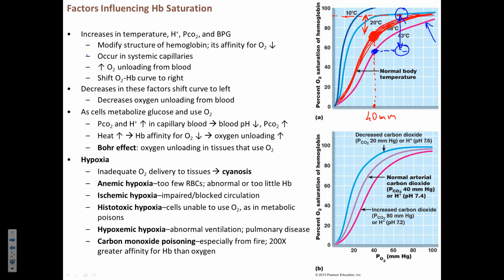CO2, hydrogen ions. This is called the Bohr effect. Turns out that if pH or CO2 concentration increases, unloading increases as well. Look at the right bottom picture. So this is normal, okay? This is your 40.